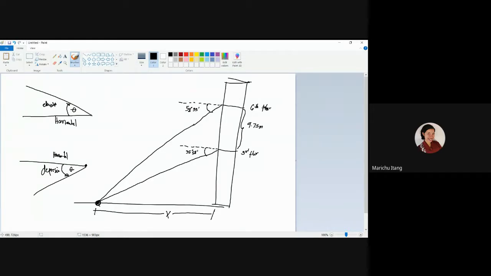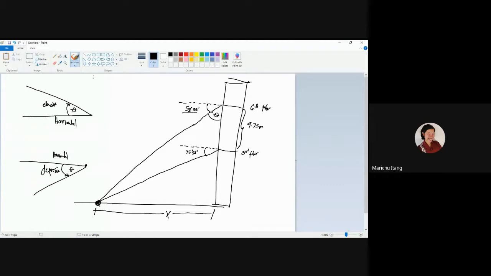Okay, so what numbers can we compute on this illustration? If this angle here is 58 degrees 35 minutes, then let's say this one is theta.